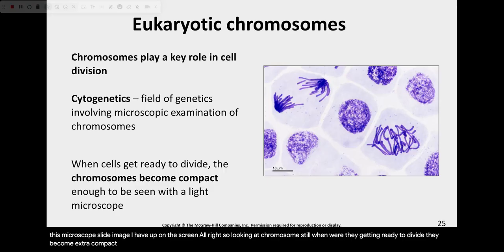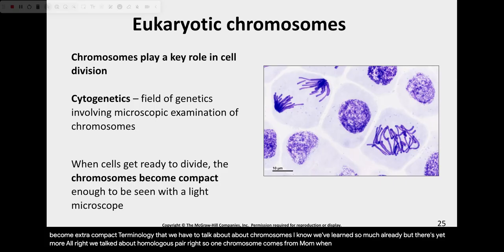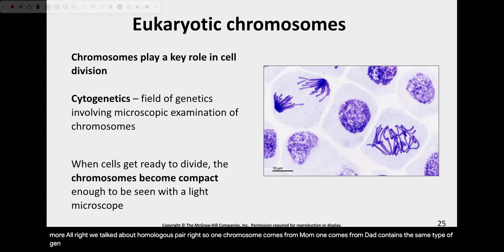There's still some more terminology that we have to talk about with chromosomes. I know we've learned so much already, but there's yet more. We've talked about homologous pairs. So one chromosome comes from mom, one comes from dad, containing the same type of genetic information. They are a pair.